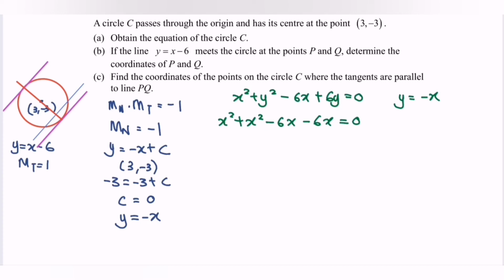Kindly simplify: 2x squared minus 12x equals 0. Kindly factorize 2x, and we will have x minus 6 equals 0. Next, x equals 0 and x equals 6.